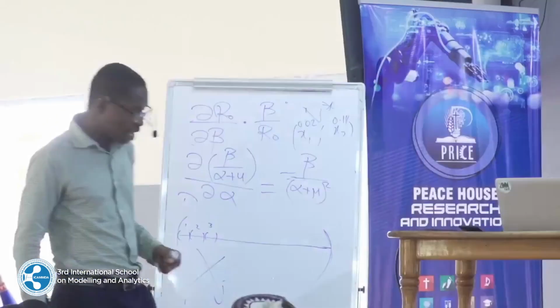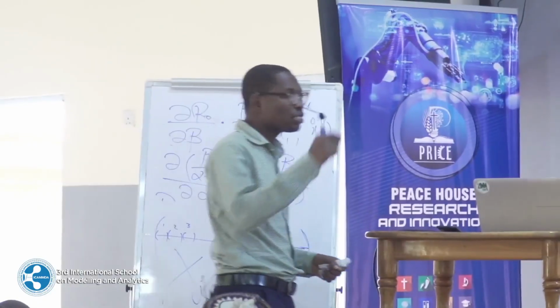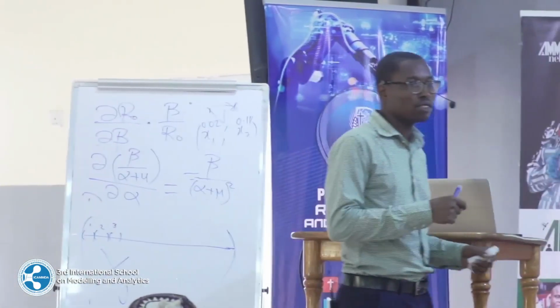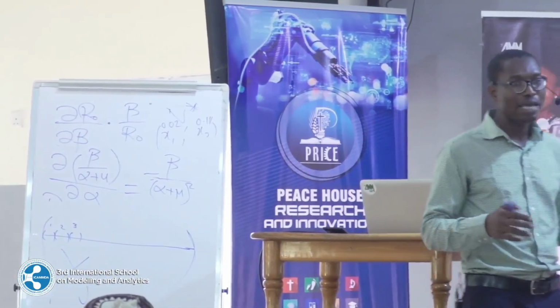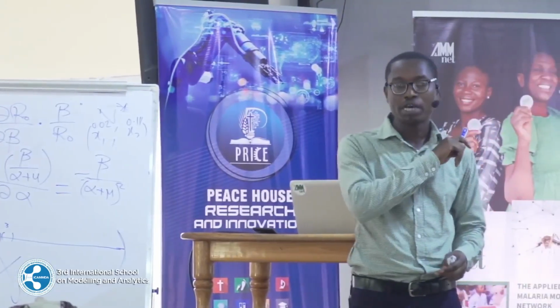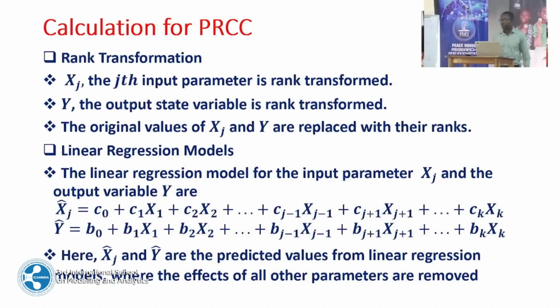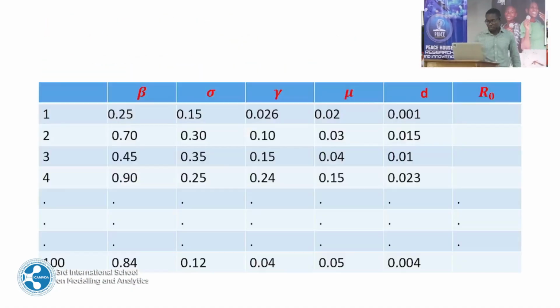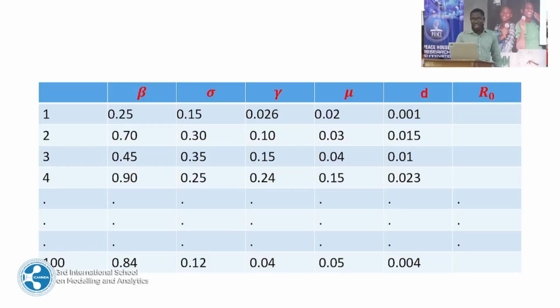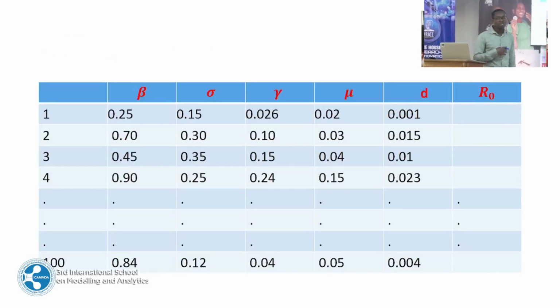No. XJ, the jth input parameter. How many XJ's do I have in my model? Therefore, how many input parameters do I have? How many input parameters do we have?